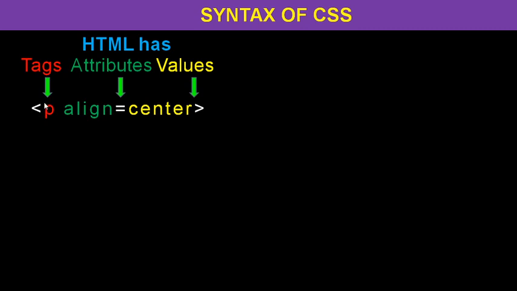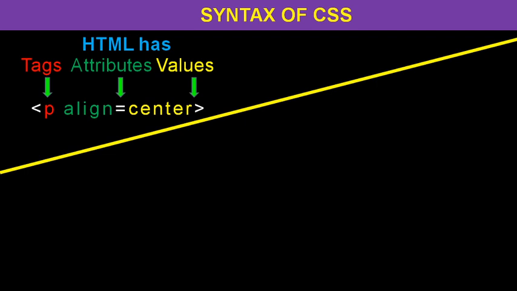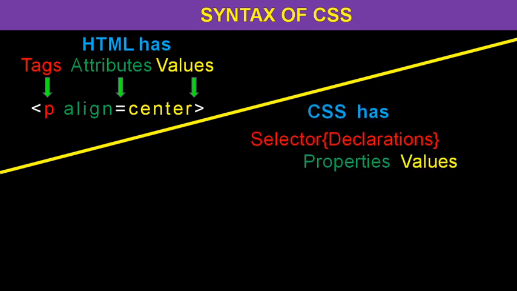We open the angular bracket, write the tag name, leave one space, write the attribute, then the equal to sign and then its value. We can add any number of attributes and finally close the angular bracket. Now similar to this, there is a standard format of writing CSS codes. So let us see the syntax of CSS.